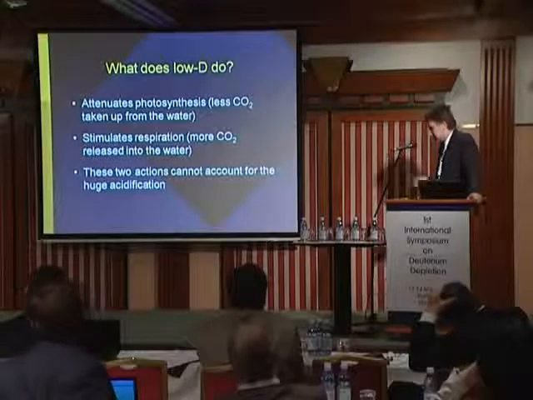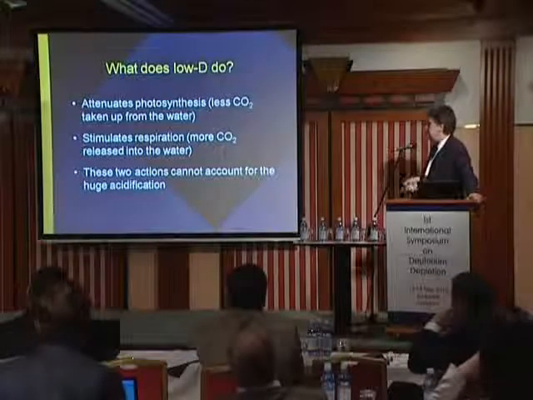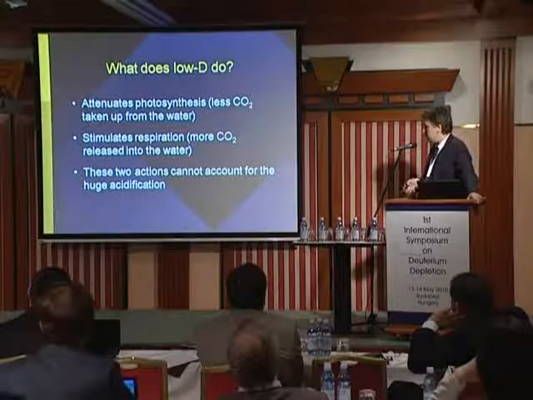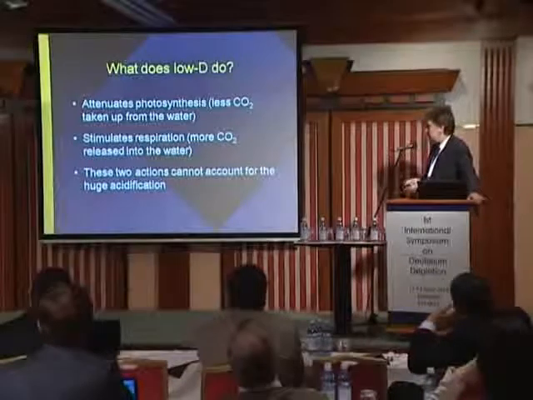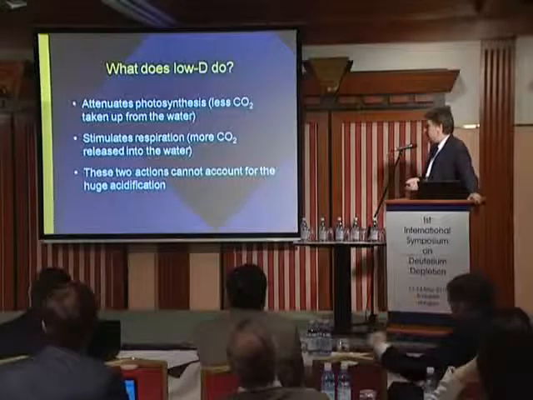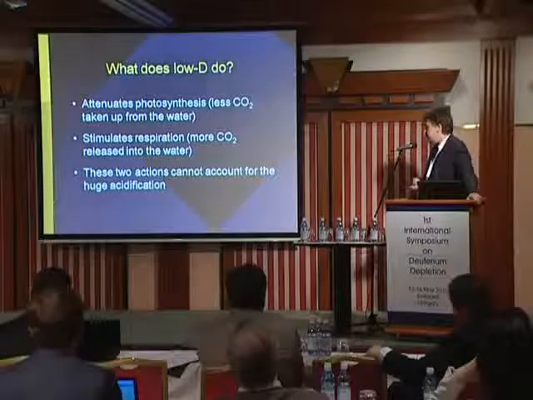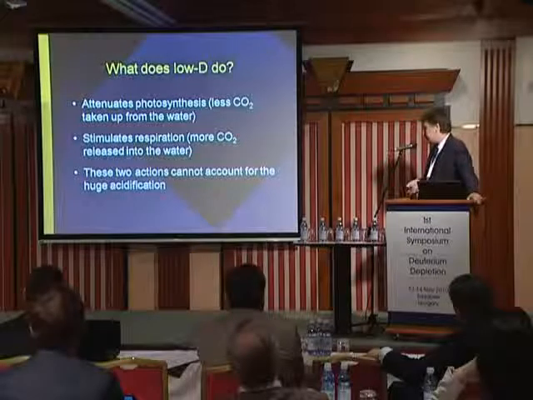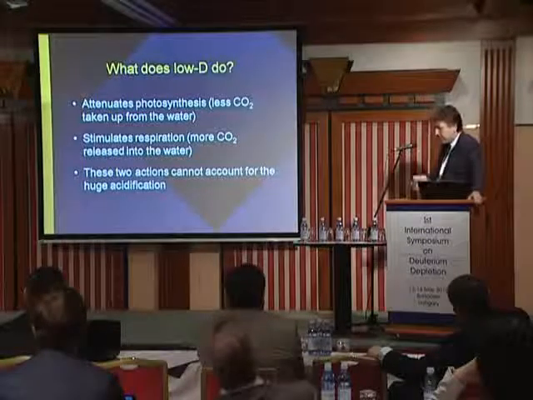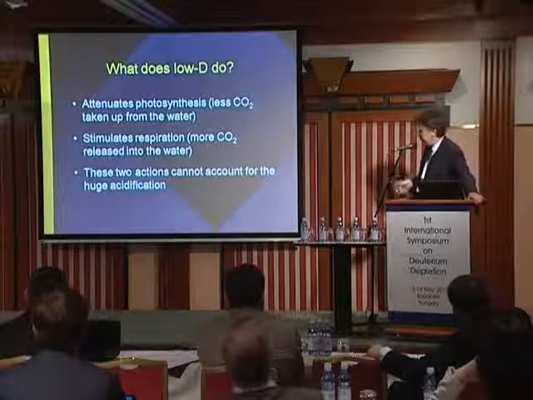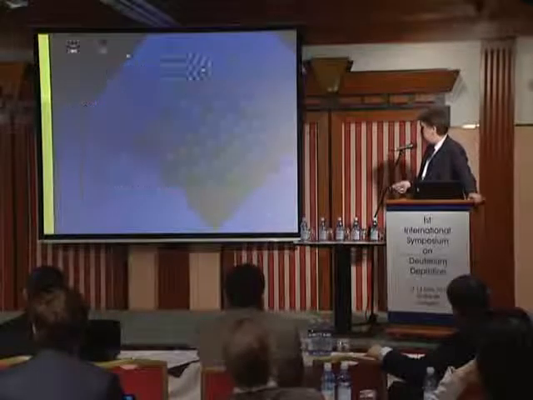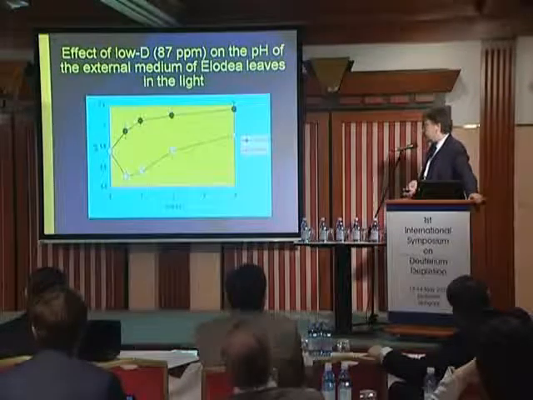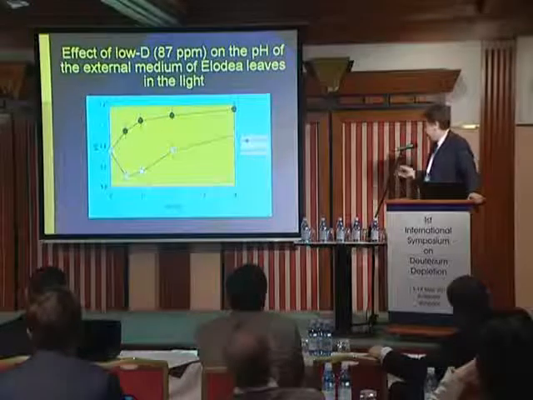So from these studies we have seen that in the first couple of minutes, or in the first half an hour, when the plants encounter low deuterium conditions, they show an attenuation in the photosynthesis rate and a stimulation of the respiration rate. However, these two actions are not enough to account for the huge acidification, which, as you remember, we could see in the first half an hour when we measured only the pH in the presence of light.